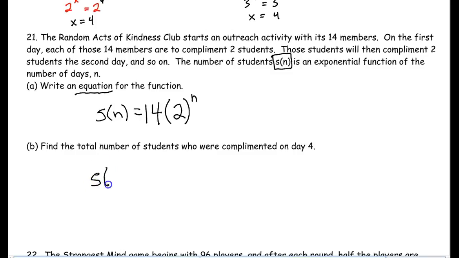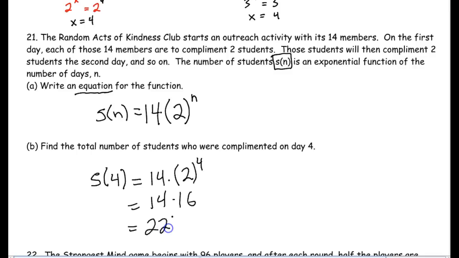So find the total number for 4. So plug in 4. 14 times 2 to the 4th power, which is 14 times 16, which is 224. And we're talking about students that are complimented, so you can write students complimented.